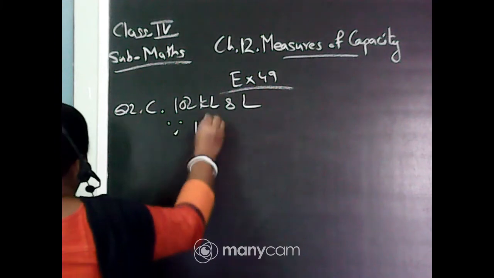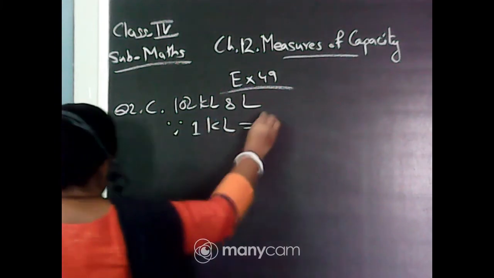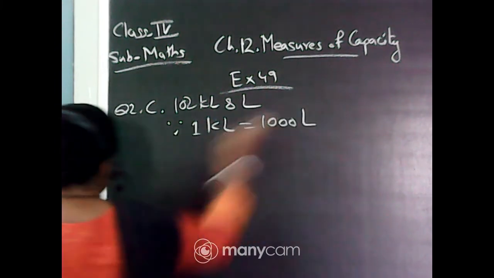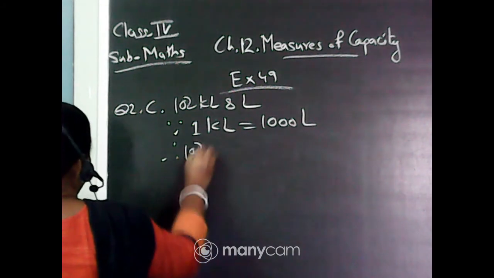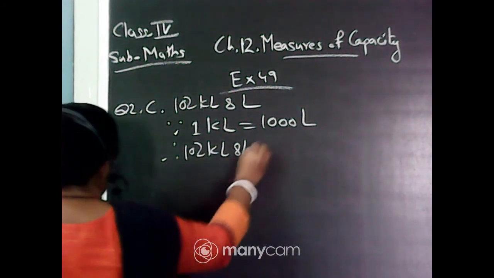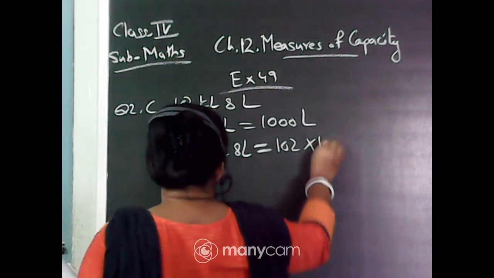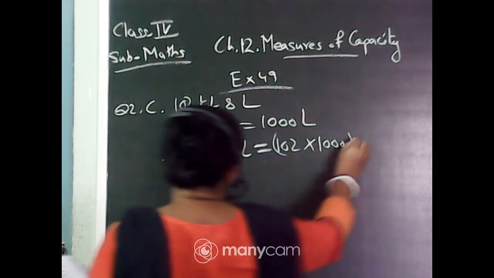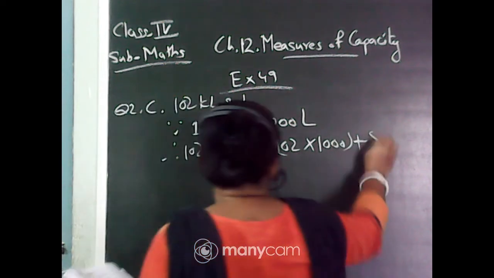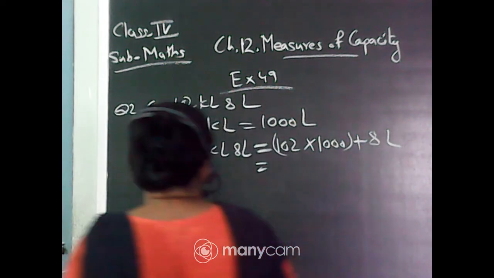Since 1 kiloliter is equals to 1000 liter, therefore 102 kiloliter and 8 liter is equals to 102 into 1000 plus 8 liter.